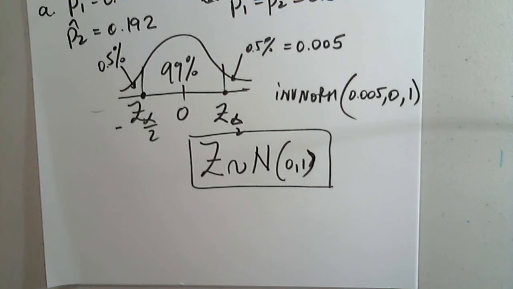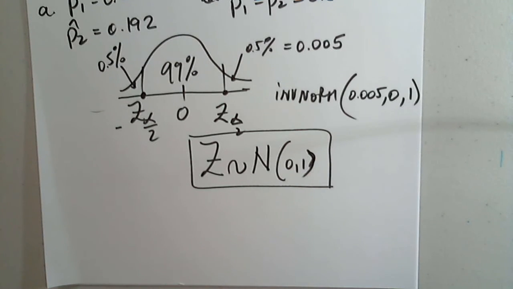Here it is. So we go to distributions. So second, distributions. And here it is, inv norm. Yes, this is a sophisticated calculator. You don't have to use the area to the left, but not everyone has this one. So all the others use the area to the left.